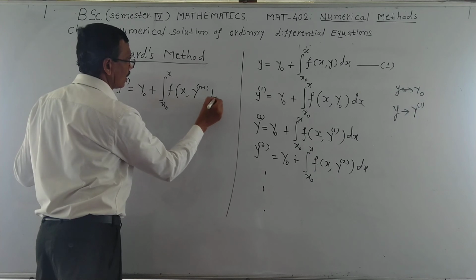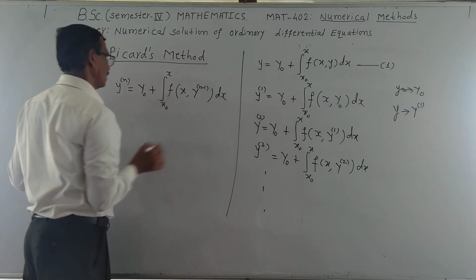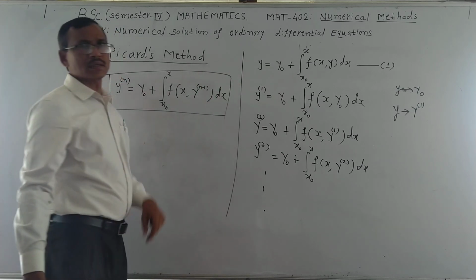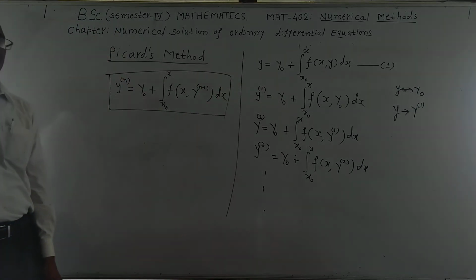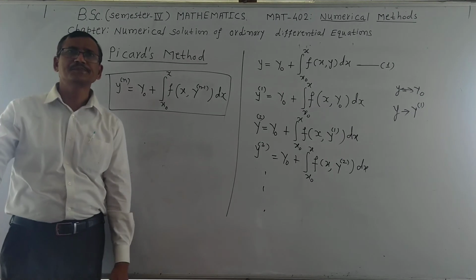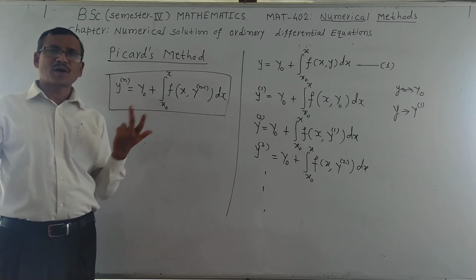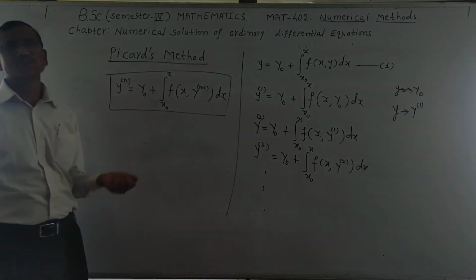Now this is the formula for the corresponding approximate value of the function. We may call this Picard's formula for successive approximation.